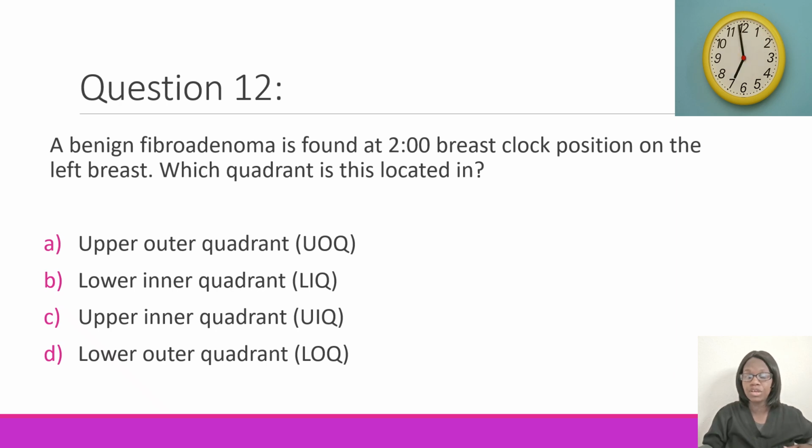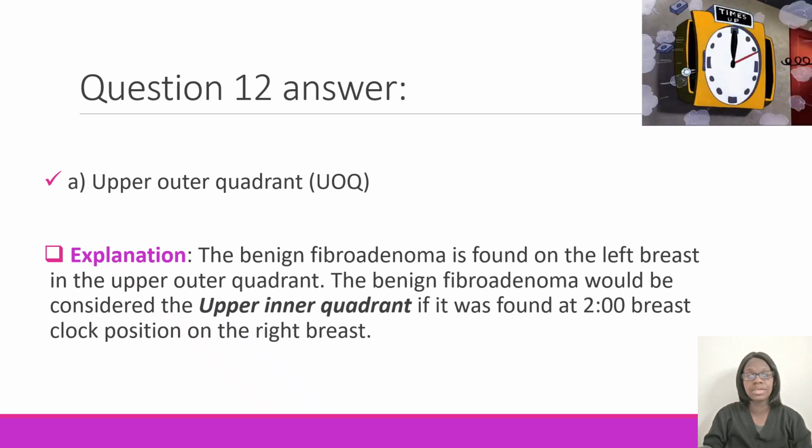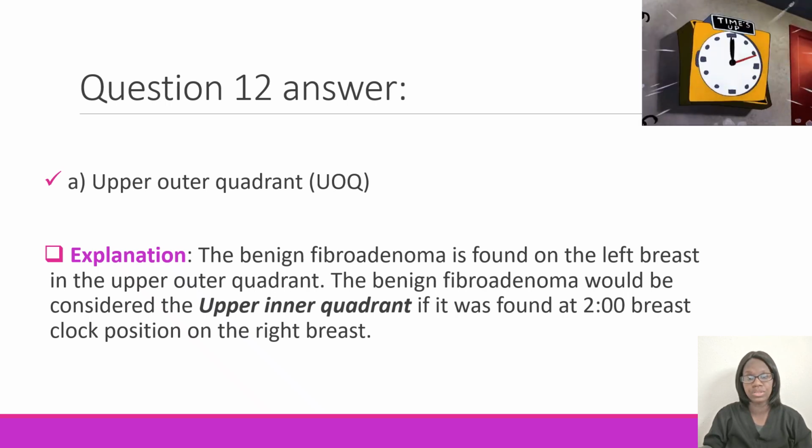Use your hands and feel your breast to see which quadrant it's located in. Okay, in a few more seconds, I'll give you the answer. Okay, the correct answer is upper outer quadrant.